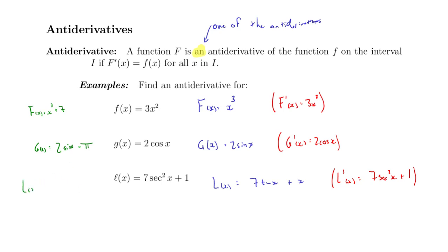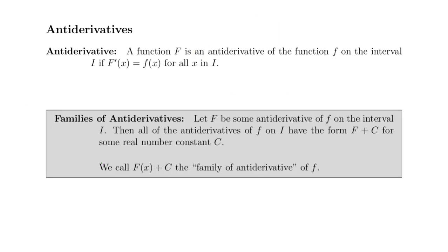And we could say capital L of x is 7 tangent x plus x, I don't know, plus 11 thirds. Notice it doesn't really matter what this number is. Could be positive, could be negative, but if it's just a constant, it's not going to change the derivative. So this introduces this idea of families of antiderivatives.